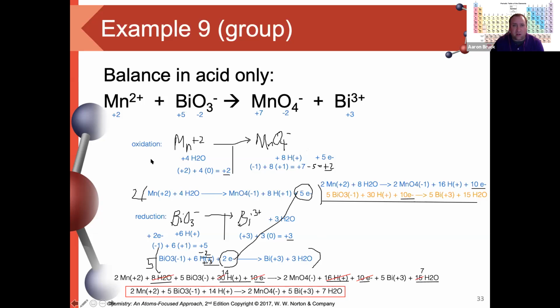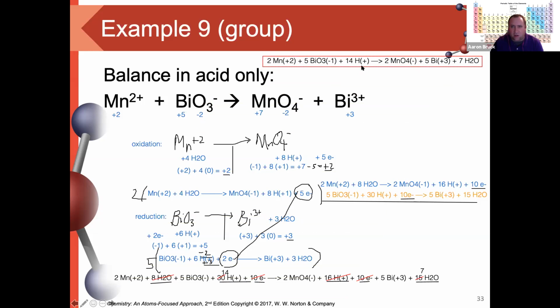For the base part, if we take this equation up here, to convert it into base, what I need to do is there is no H plus, or at least very little H plus, available in base. So what we do to combat that is add equal amounts of hydroxide to each side of the equation.